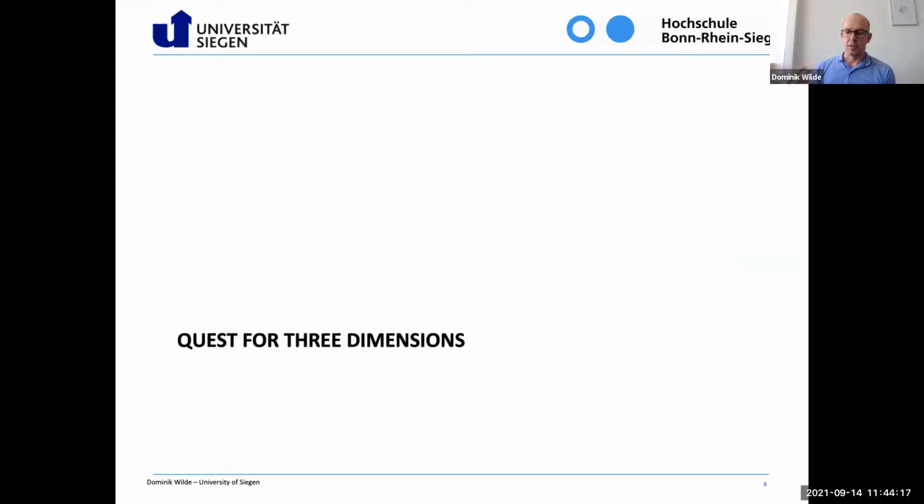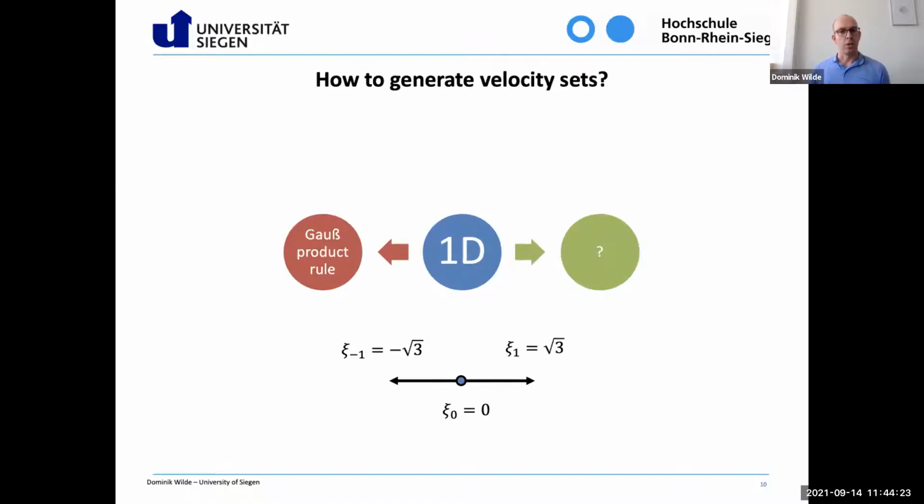The main focus of this talk is the quest for three dimensions, because it was not quite clear in the beginning how we can go for three dimensions efficiently. Normally, if you have a one-dimensional quadrature rule, like this 1D Gauss-Hermite quadrature, it is constructed by the roots of the third-order Hermite polynomial.